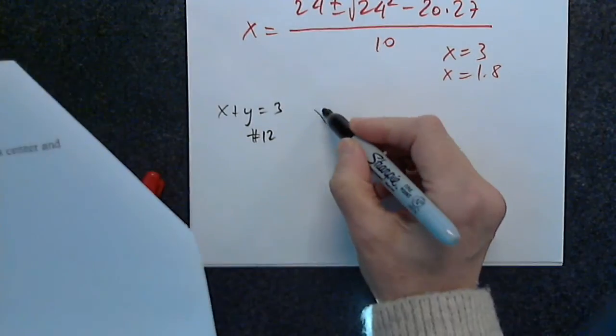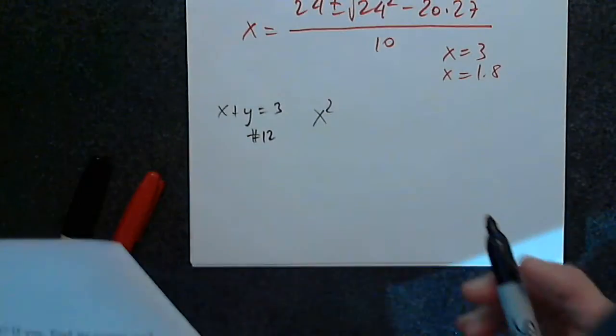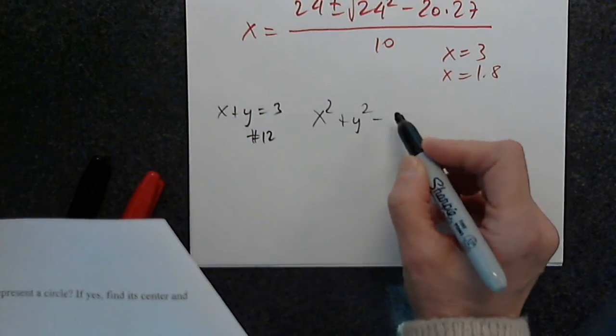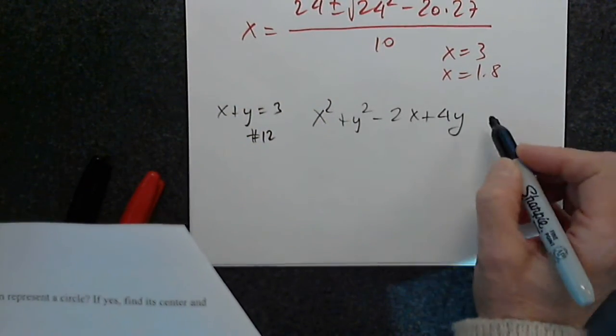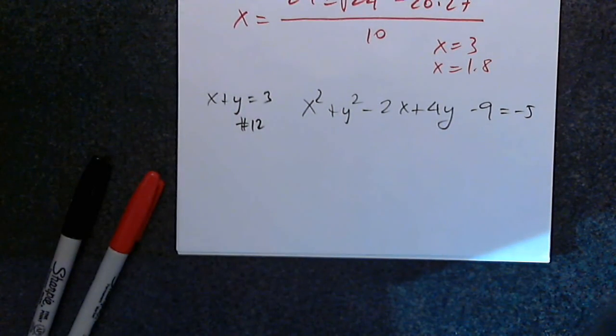So here we have x squared. Test 3 or this one? This one, the final. So x squared plus y squared minus 2x plus 4y minus 9 equals negative 5. Very good. Okay. So here we're asked whether this is the equation of a circle.